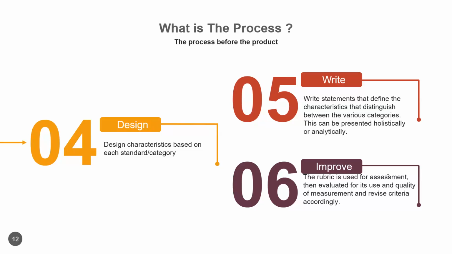Tapi kalau you nak buat holistic, all you need to do is just to identify berapa markah yang you nak bagi, katalah 0 until 4 tadi. So 0 means dia tak buat apa, 1 dia buat apa dan dia tak buat apa. If it's holistic, it's just basically 1 means apa yang dia boleh buat, 2 apa yang dia boleh buat, 3 apa yang dia boleh buat, 4 apa yang dia boleh buat, 5 apa yang dia boleh buat.